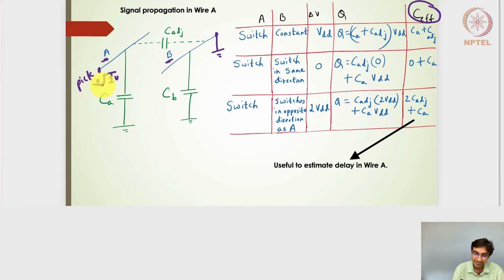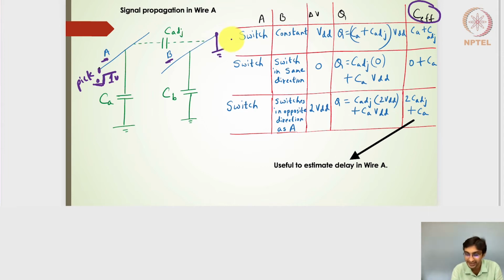And then if I have a change here in the wire A from 0 to 1 or 1 to 0, what is the effective capacitance I need to consider for the wire A so that it charges or discharges? If I have an effective capacitance, then I can estimate the overall delay for these conditions, when the wire A is doing the transition and wire B is held constant.